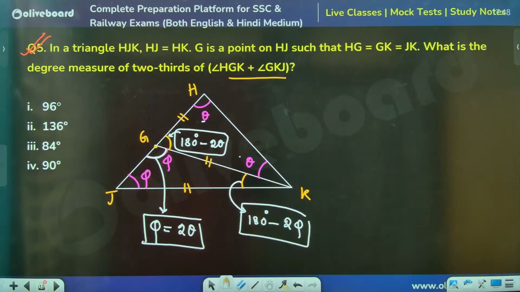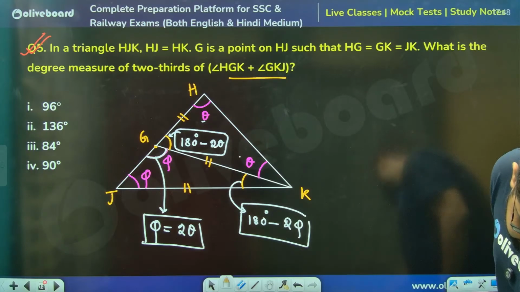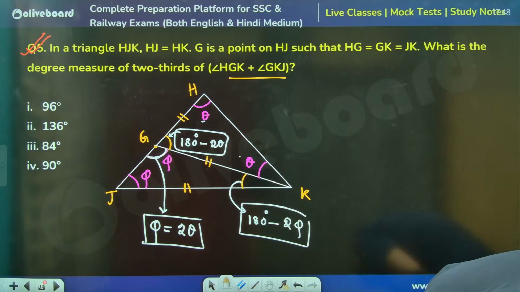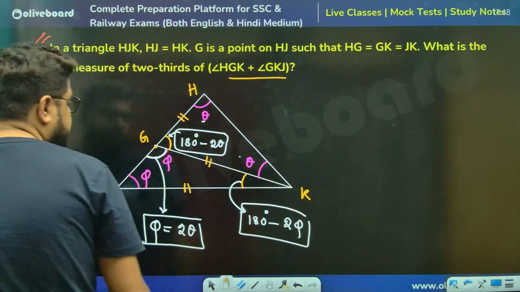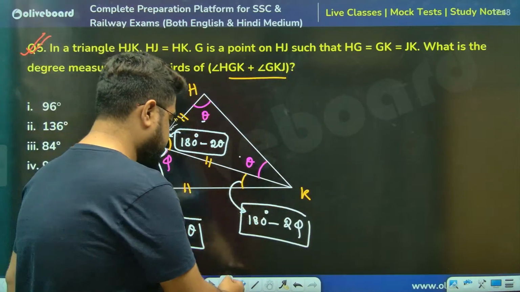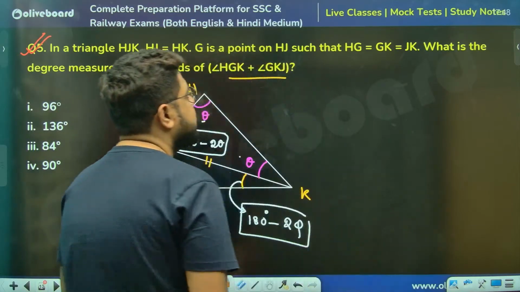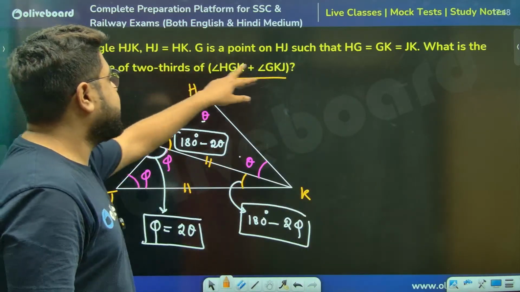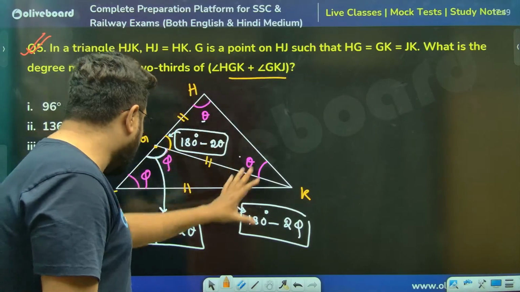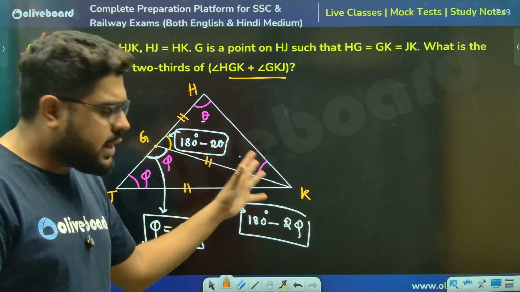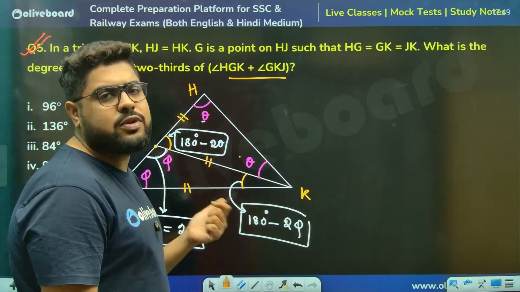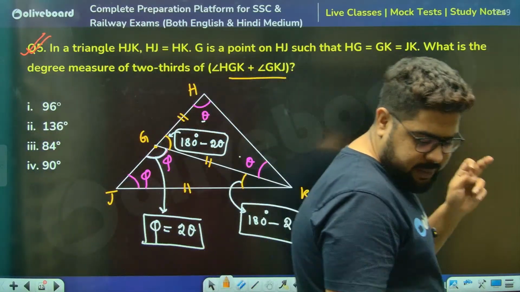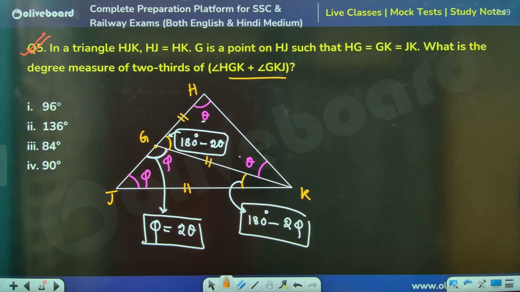Now, whom do I need to get this? I know all the angles of this triangle, but how to make an equation out of this? Anyone?